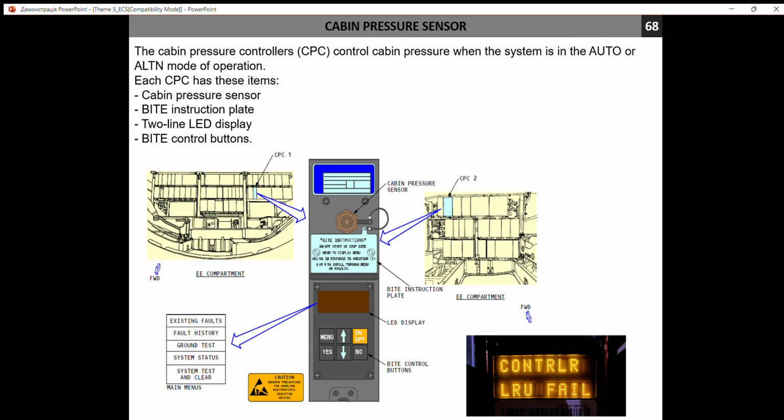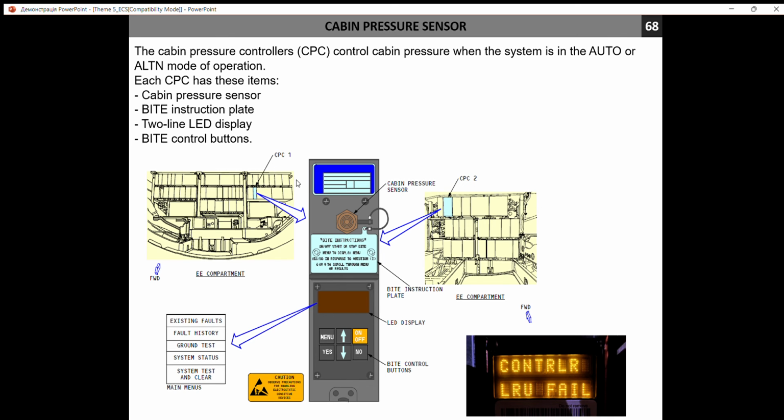What about the cabin pressure sensor? In most airplanes it is located in a separate unit, line replaceable unit, LRU. So it is a cabin pressure controller. It's a block that is installed in the avionic compartment, and it could be in different places.